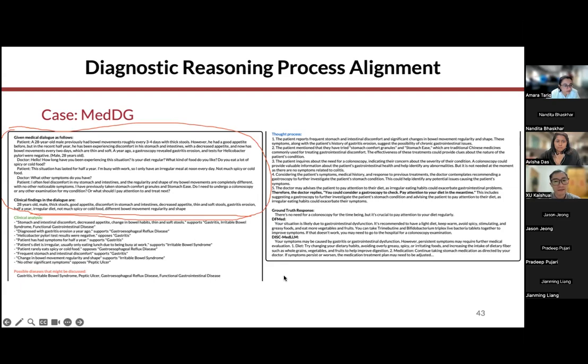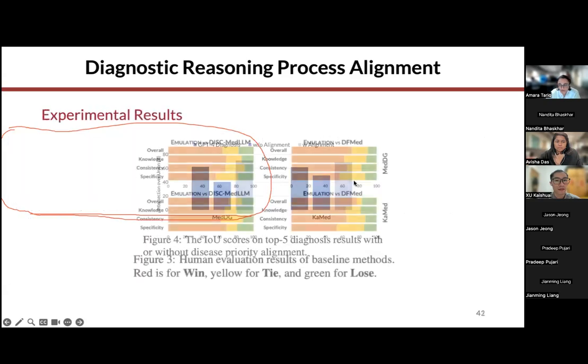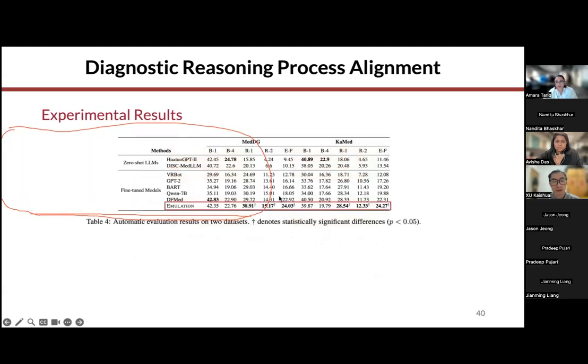I use the QWEN model, as you see. Since our datasets include Chinese dialogues, we use an open source LLM that is friendly to the Chinese language, which is QWEN 7B.